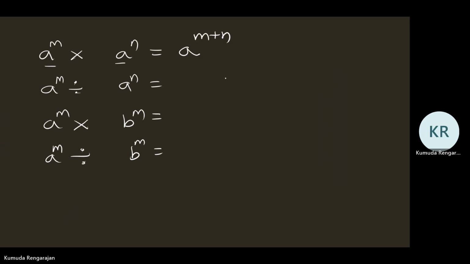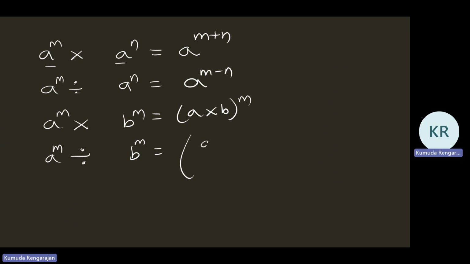If division, write the same base and subtract the powers. Now when bases are different, multiply the bases: A into B to the power n, and then A divided by B to the power n.